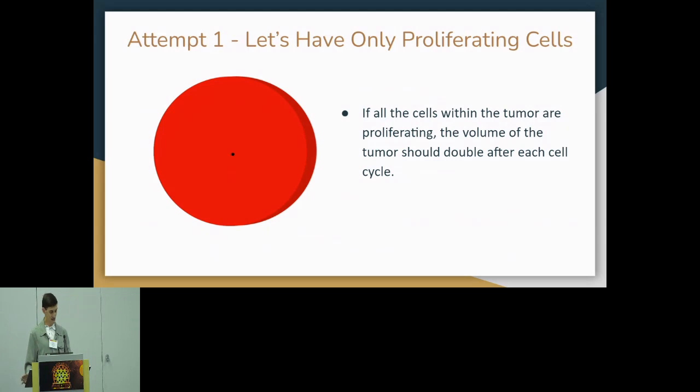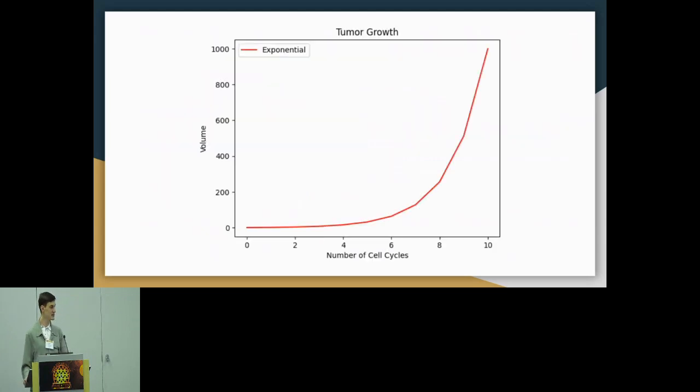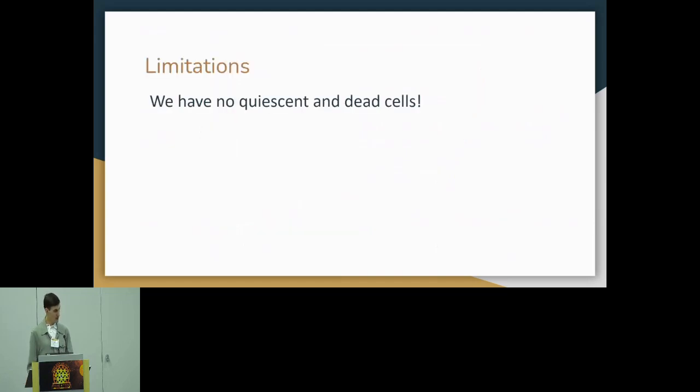So after a cell cycle, the volume of the tumor will double. And this gives this graph in which we can see that the tumor will grow in an exponential way. But this model has a limitation. It doesn't include any quiescent or dead cells.